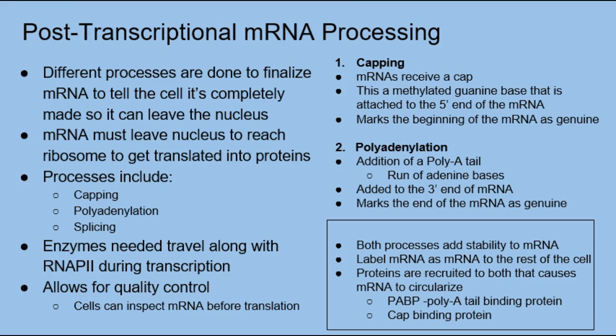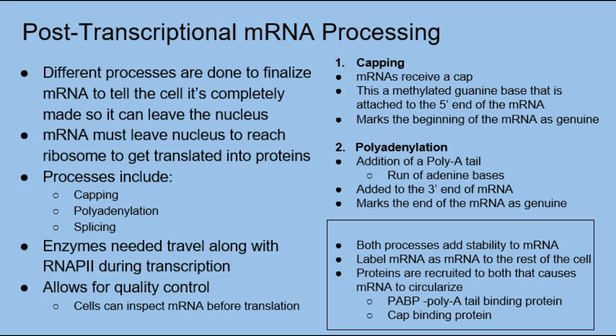Post-transcriptional mRNA processing is a different process that is done to mRNA once transcription is done, to tell the cell that mRNA is completely made so it can leave the nucleus. The mRNA must leave the nucleus to reach the ribosome in order to get translated into proteins. Different mRNA processing includes capping, polyadenylation, and splicing.